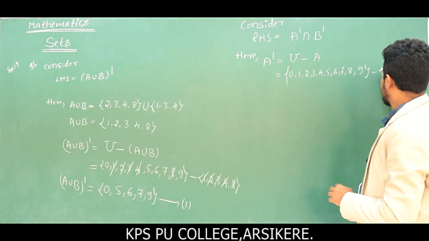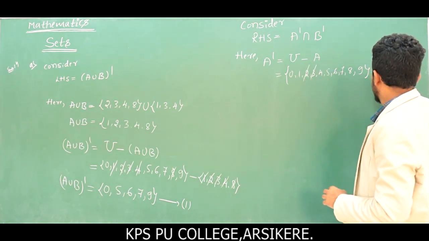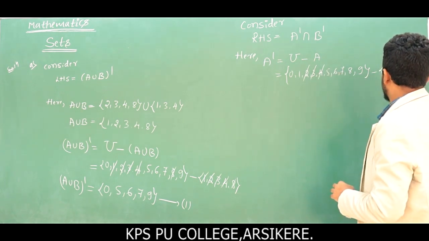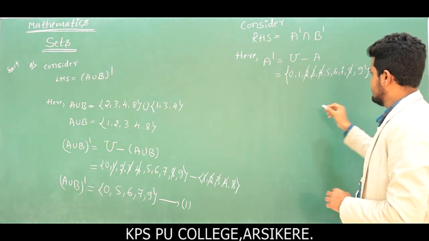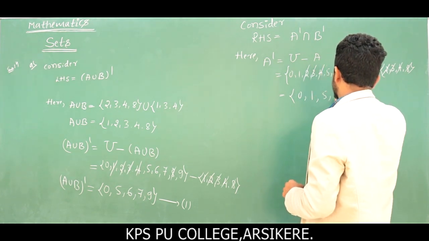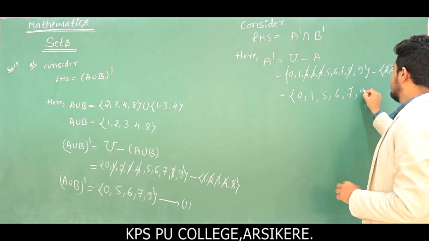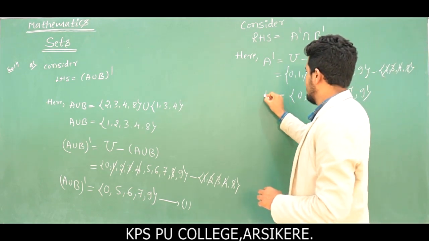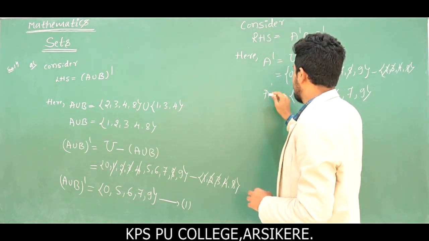Next, cancel the common elements: 2, 2, 3, 3, 4, 4, 8, 8. Which is equal to what? 0, 1, 5, 6, 7, 9. Sorry, this is the value of A dash.